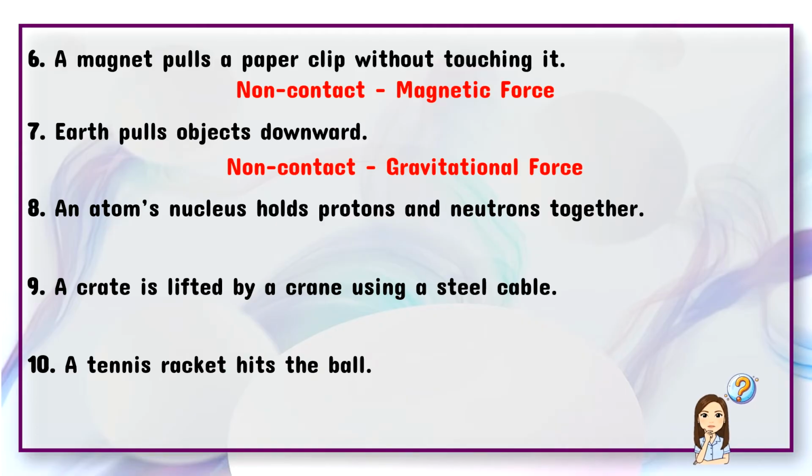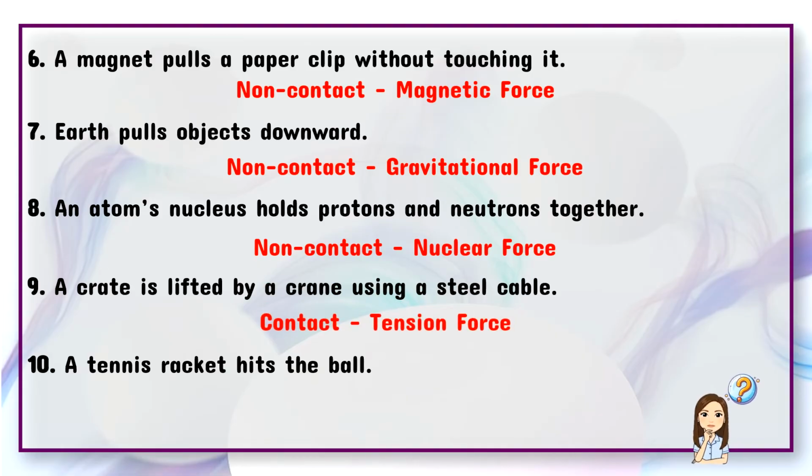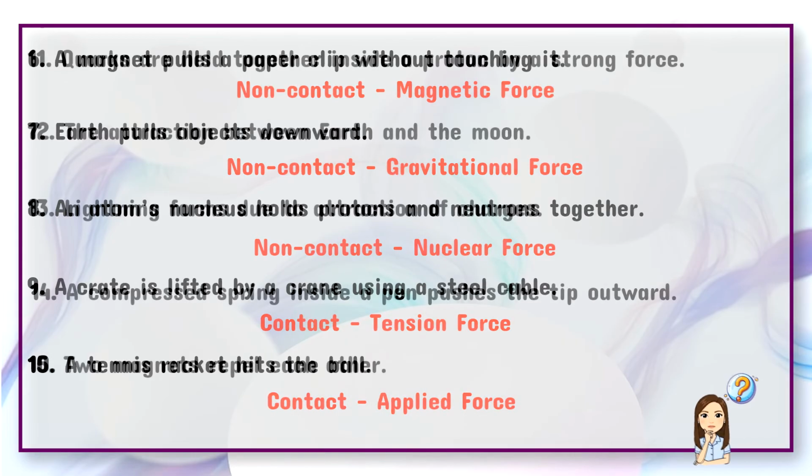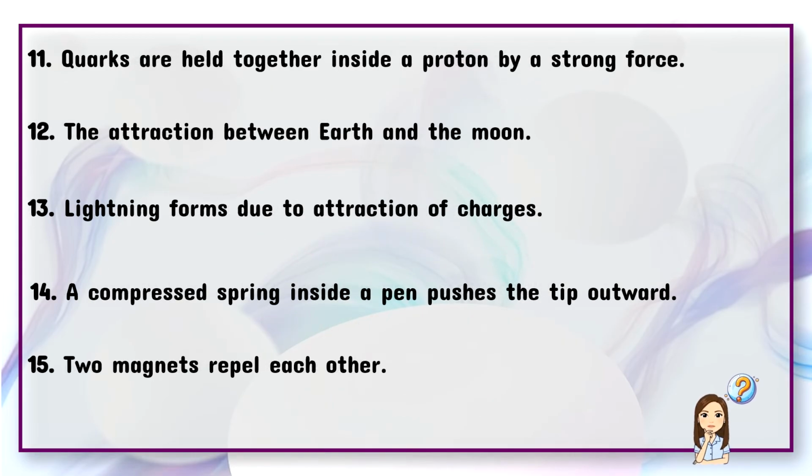An atom's nucleus holds protons and neutrons together. Non-contact nuclear force. 9. A crate is lifted by a crane using a steel cable. Contact tension force. 10. A tennis racket hits the ball. Contact applied force.